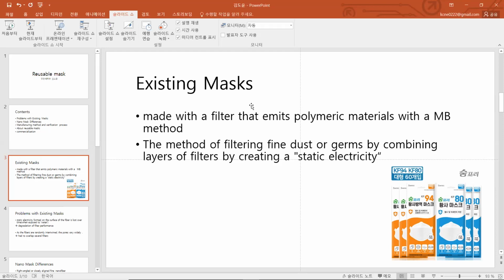So filter on the filter, scientists make static electricity by electrospinning. So it protects from dirty materials.